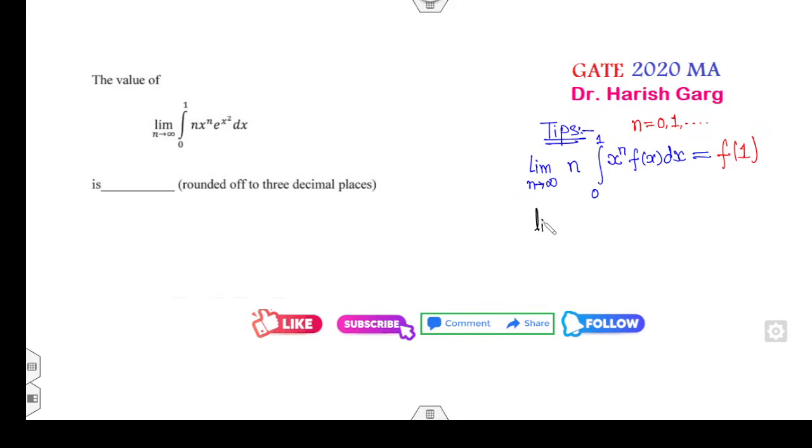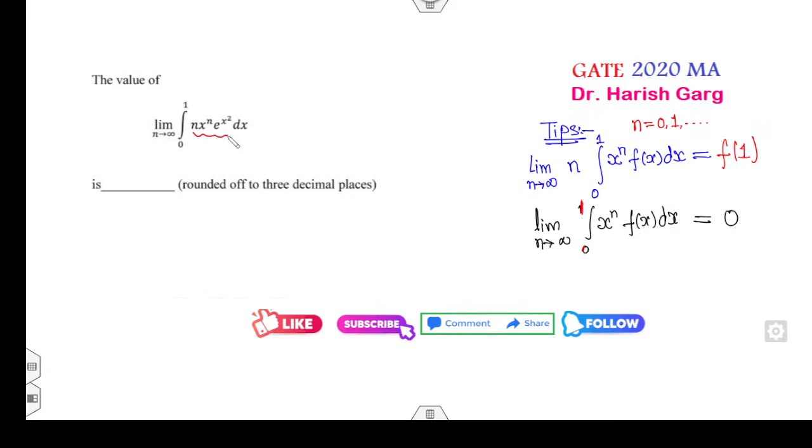On the other hand, limit n approaches infinity of integral 0 to 1 x raised to power n f(x) dx will always be 0. The most important thing is the limit must be from 0 to 1. It is not applicable from 0 to 2. It is only applicable from 0 to 1.